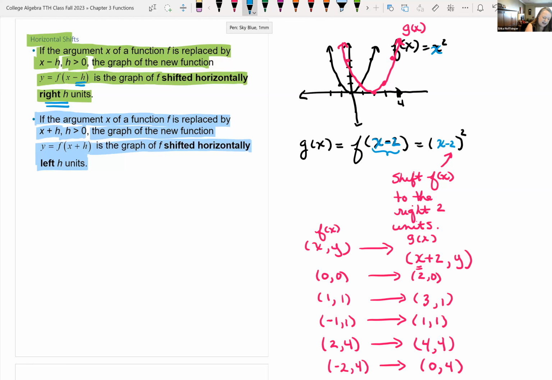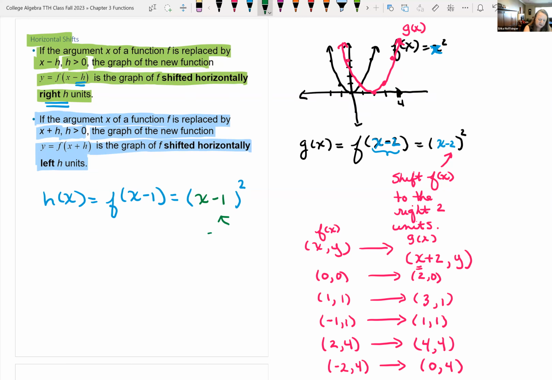So if we had h of x, let's say, is equal to f of x minus 1. Going into my equation of f of x, plugging in x minus 1 wherever I see an x, I get the equation of h of x is x minus 1 quantity squared.